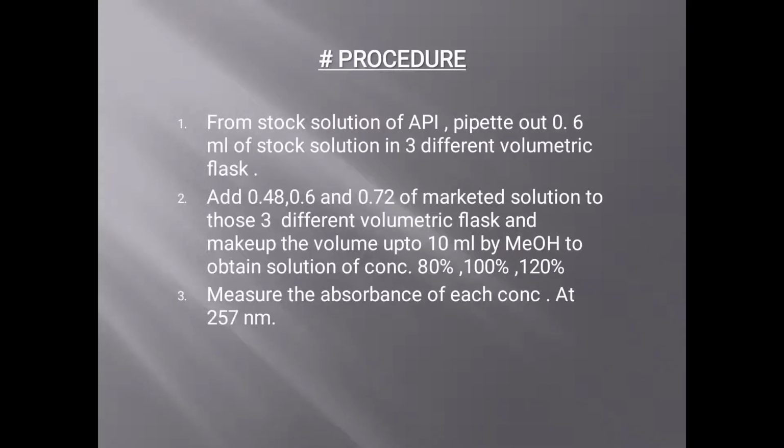The first step is, from the stock solution of API, pipette out 0.6 ml of stock solution into 3 different volumetric flasks. The second step is to add 0.48, 0.6 and 0.72 ml of marketed solution to those 3 different volumetric flasks and make up the volume up to 10 ml with methanol to obtain solutions of concentration 80%, 100% and 120%.